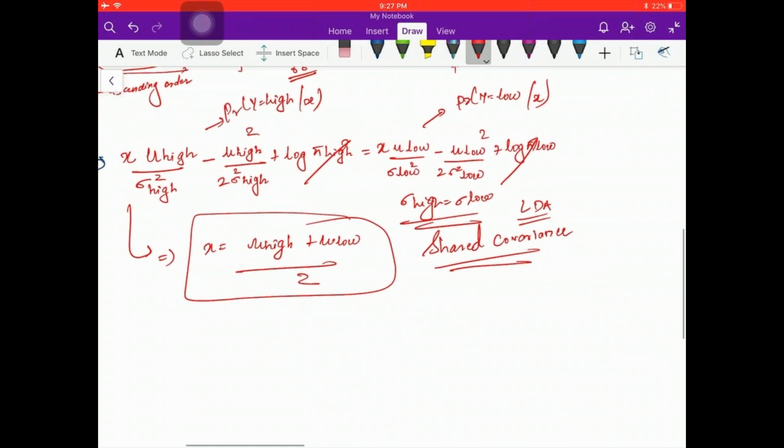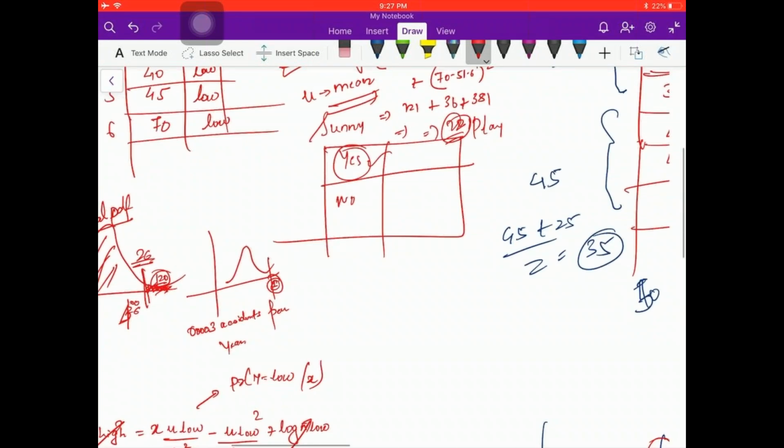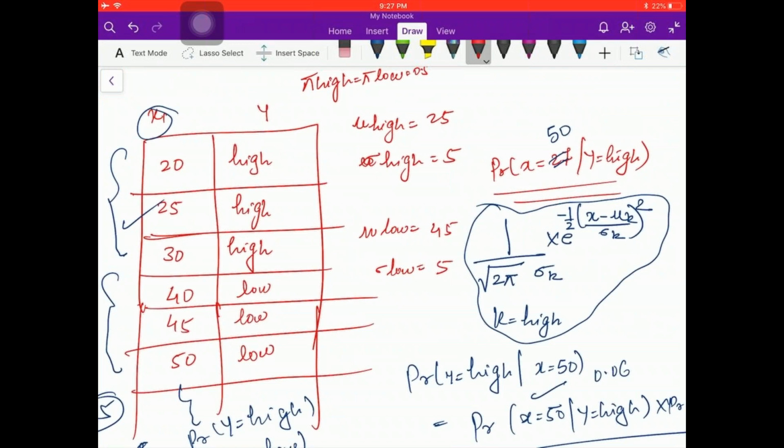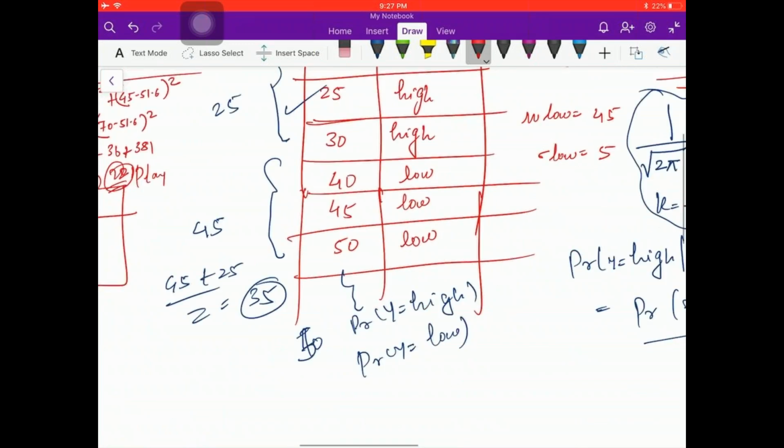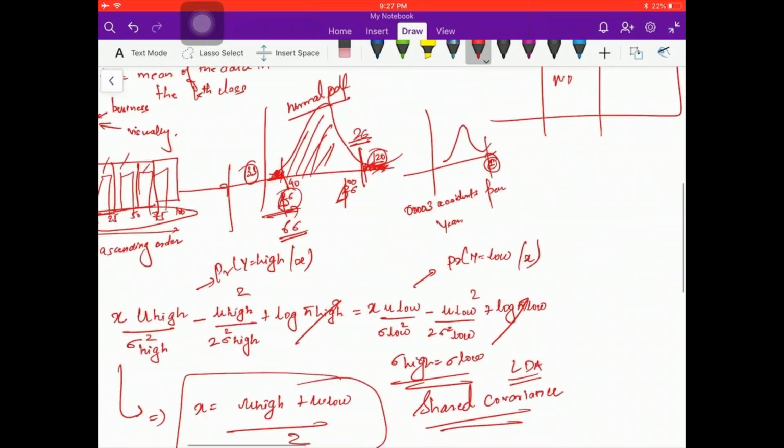That is not a very weird assumption. For example, here one was 5, one was 7. If it is a normal distribution and two classes, the standard deviation would be kind of similar. That is an inherent assumption your linear discriminant analysis takes into consideration.